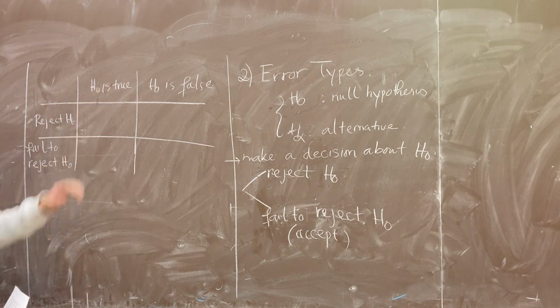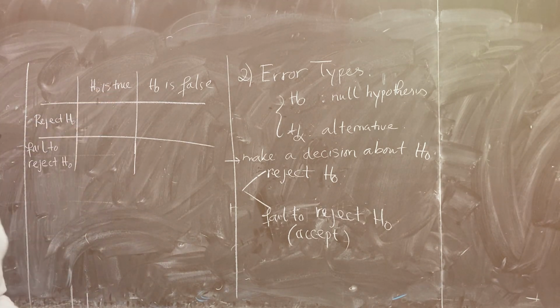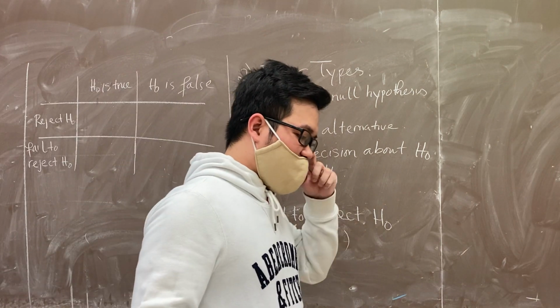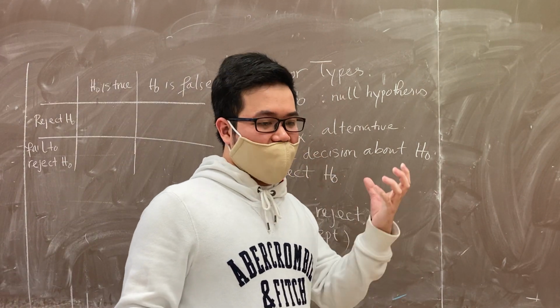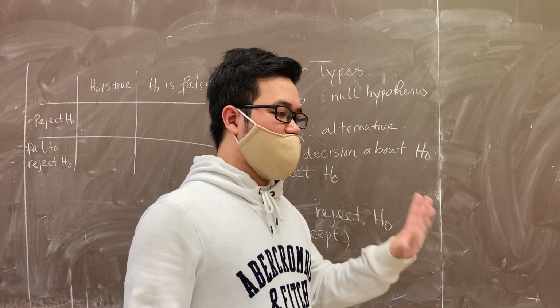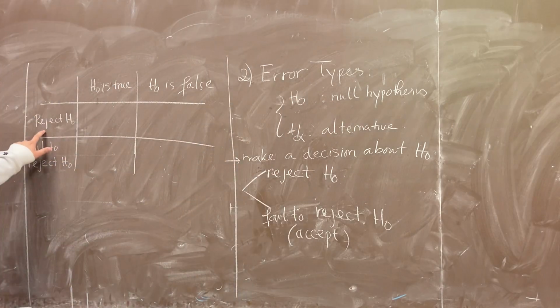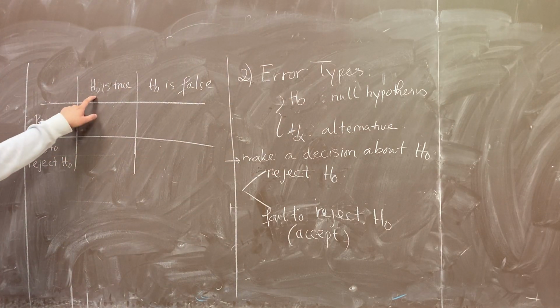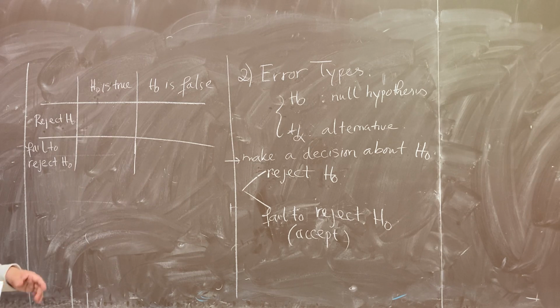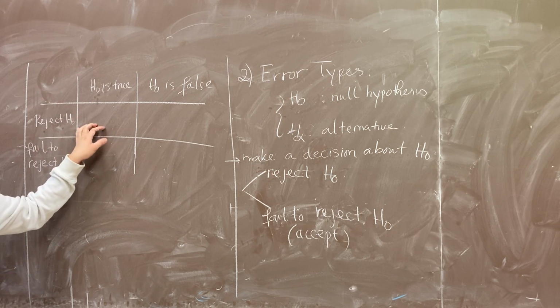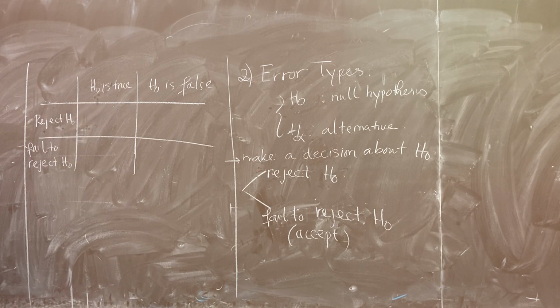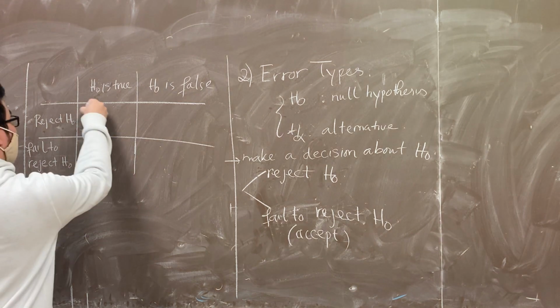When H0 is true, like the statement about 85% of students at Western University using Instagram, that statement is true. In this case, if you reject H0 when H0 is true, that is the incorrect decision, right? H0 is true, so you reject it. That is the mistake, right? That is called a Type I error.